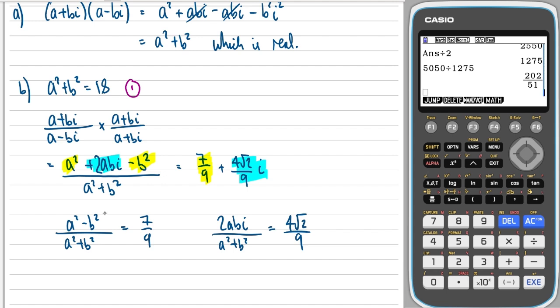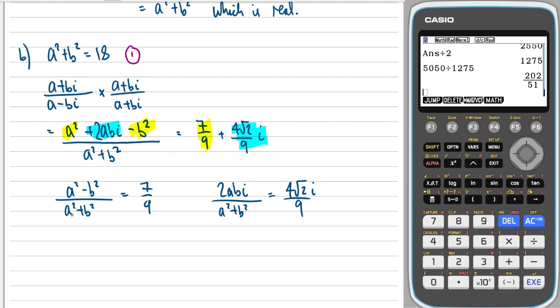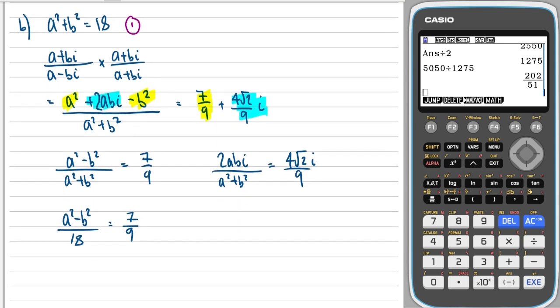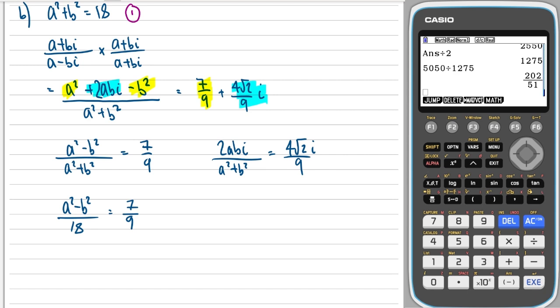But I'm just going to stick with this real part here. And I know that from equation number 1 that a squared plus b squared is equal to 18. So I can write that a squared minus b squared over 18 is equal to 7 over 9. Multiply both sides by 18 tells me that a squared minus b squared is equal to 14.